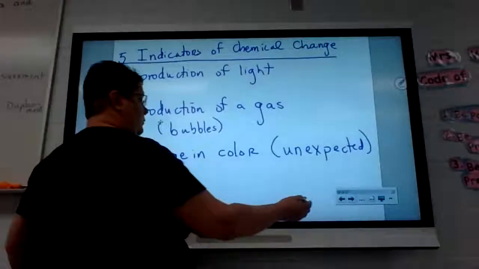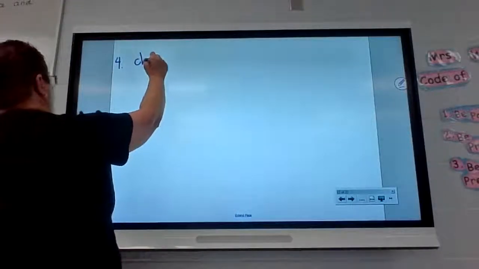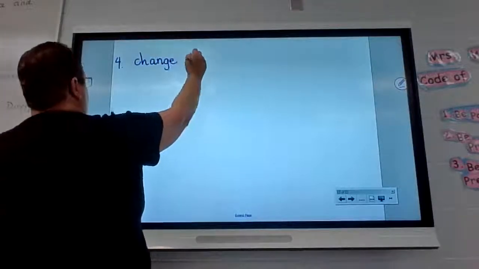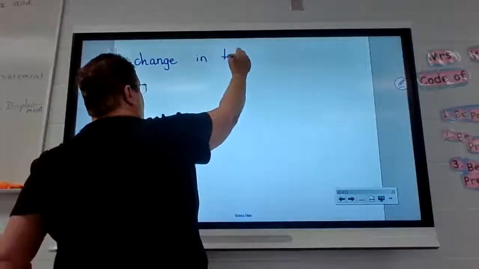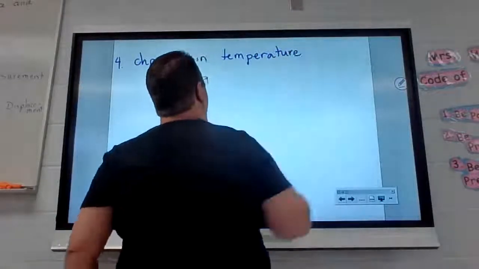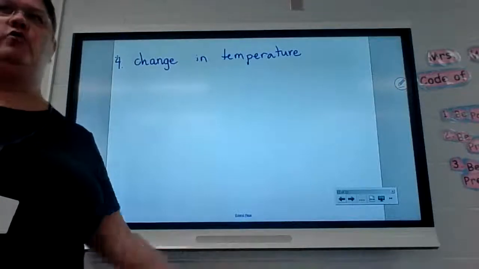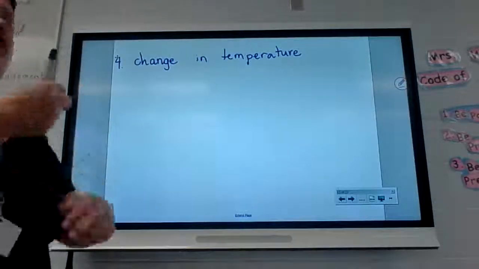Number 4. Change in temperature. Now, change in temperature, again, is not putting it in the refrigerator or heating it on the stove. You mix 2 things and it changes temperature.